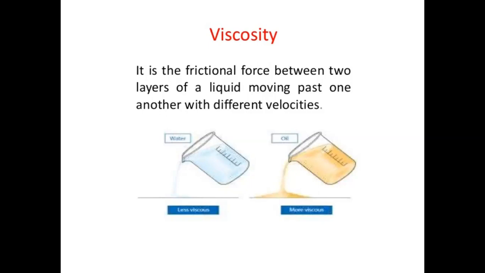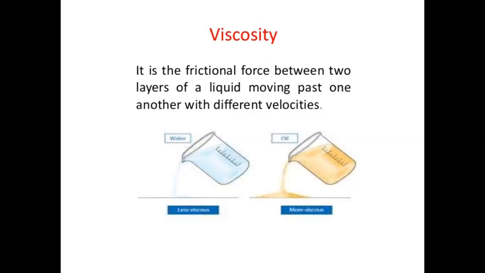So viscosity is basically the force applied per unit area, right, between two layers of liquid with different velocities. And what are the factors? Temperature, as well as the nature of the liquid, as well as the molecular mass, students. Temperature has an inverse relationship: with rising temperature, the viscosity decreases.